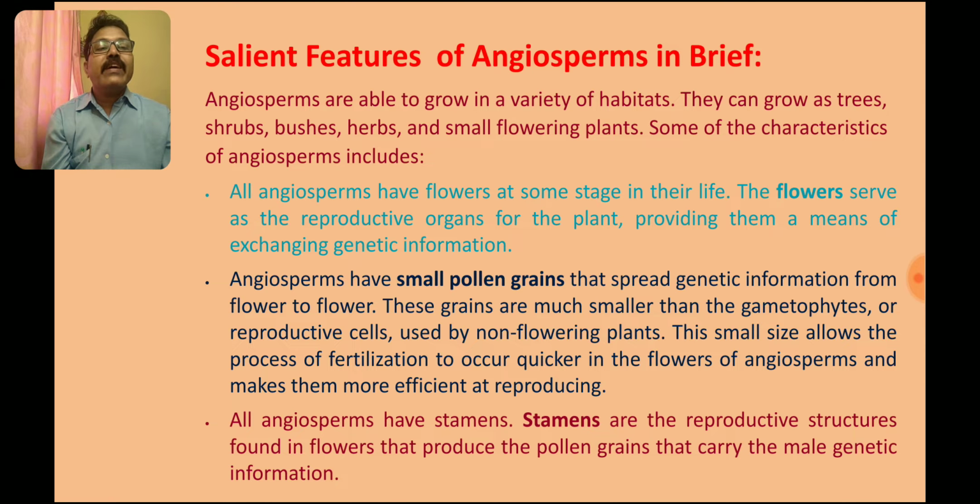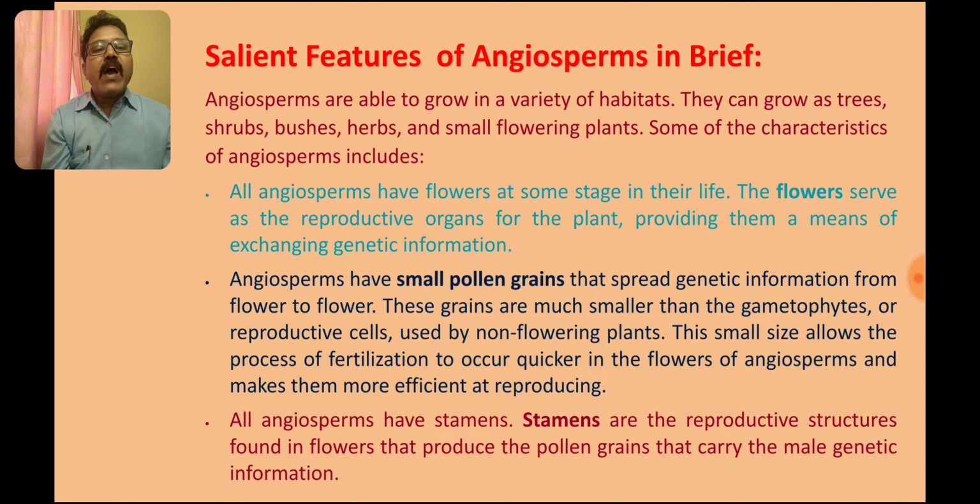Angiosperms have small grains that spread genetic information, that is pollen grains, from flower to flower. These pollen grains are much smaller than the gametophytes or reproductive cells used by non-flowering plants. This small size allows the process of fertilization to occur quicker in the flowers of the angiosperm and makes them into different reproductive structures.